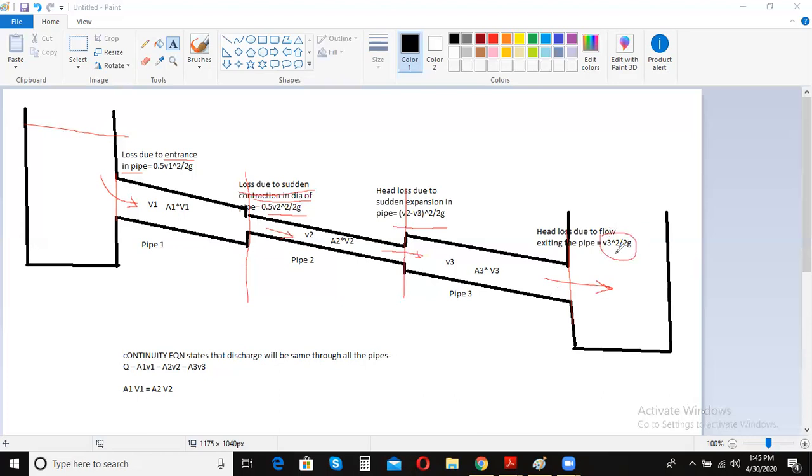Remember this 3 will be in the suffix, V3 square by 2g. You can compare all the conditions from the chart of the energy loss.